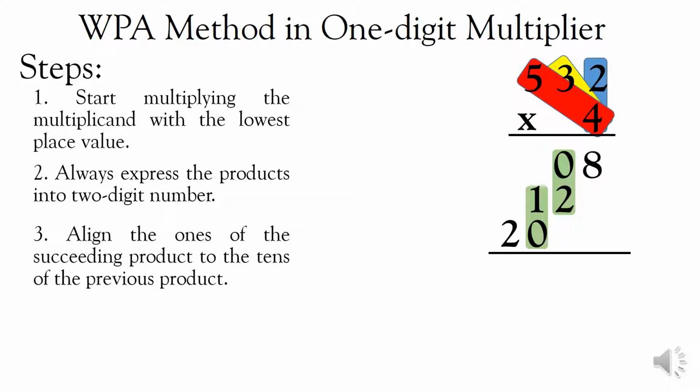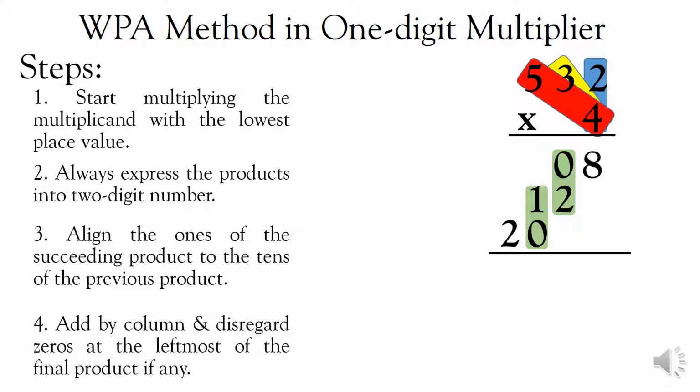There is no number left to be multiplied by 4, so let us take step 4, which is adding by column, and disregard zeros at the leftmost of the product, if any.